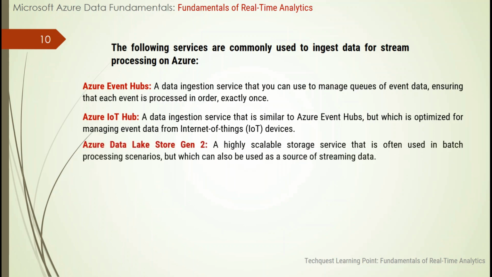Azure Data Lake Store Gen 2, a highly scalable storage service that is often used in batch processing scenarios but which can also be used as a source of streaming data.